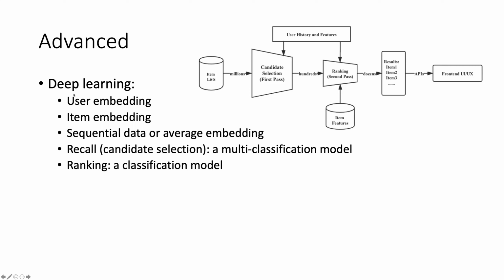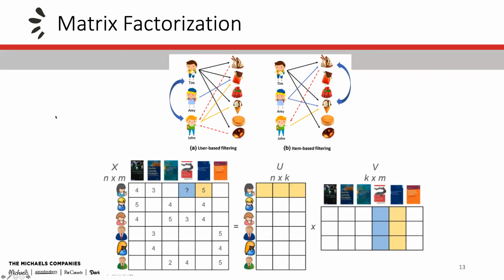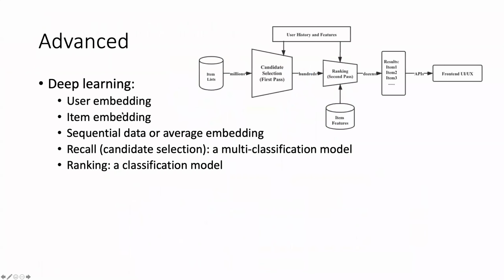How to do embedding? One simple way is we can use matrix factorization to generate user vector and item vector. So this is one way to do embedding. There are also some other embedding models you can try, like autoencoder or something like that. I won't go into too much detail here.